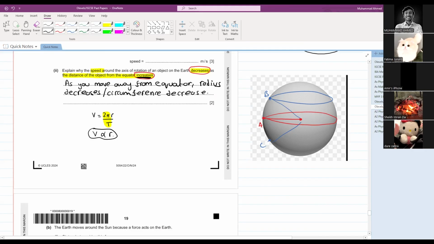And if the circumference decreases, the velocity or the speed of rotation decreases. All clear. This was a tricky question. Is this clear to you guys?